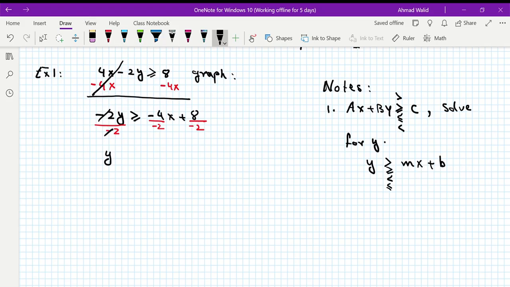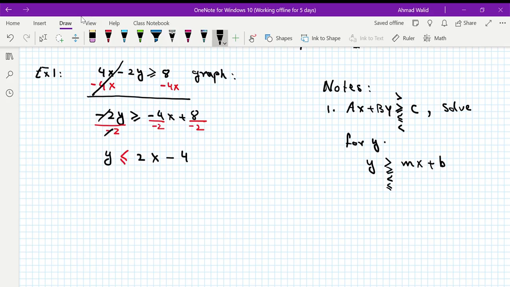Then y, instead of greater equal, I'll flip it to less than equal. Negative 4 over 2 gives you 2, right? 2x minus what? Minus 4. Correct?